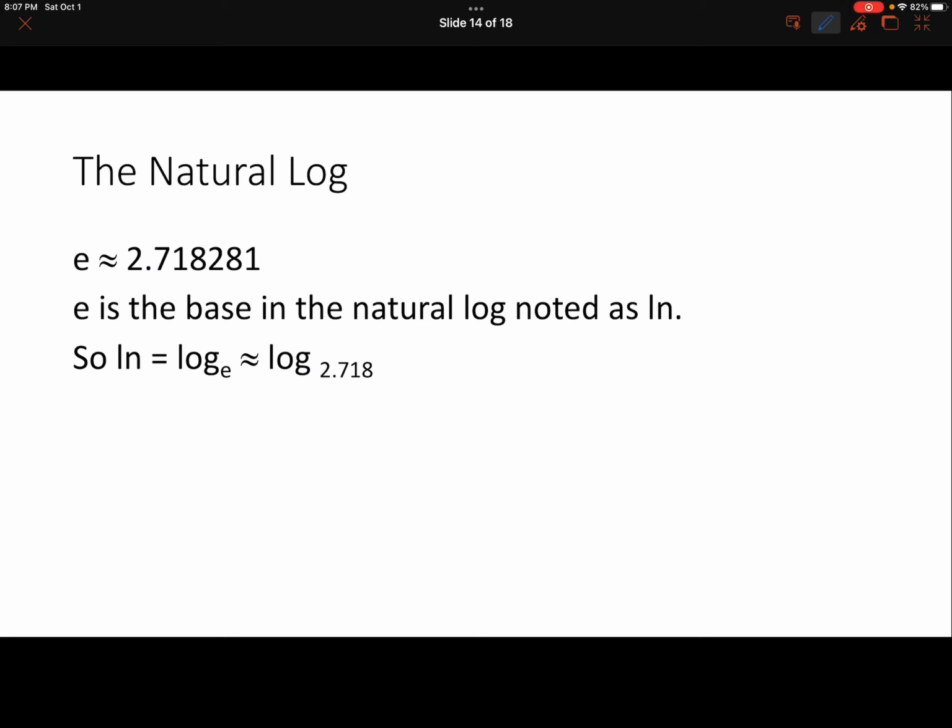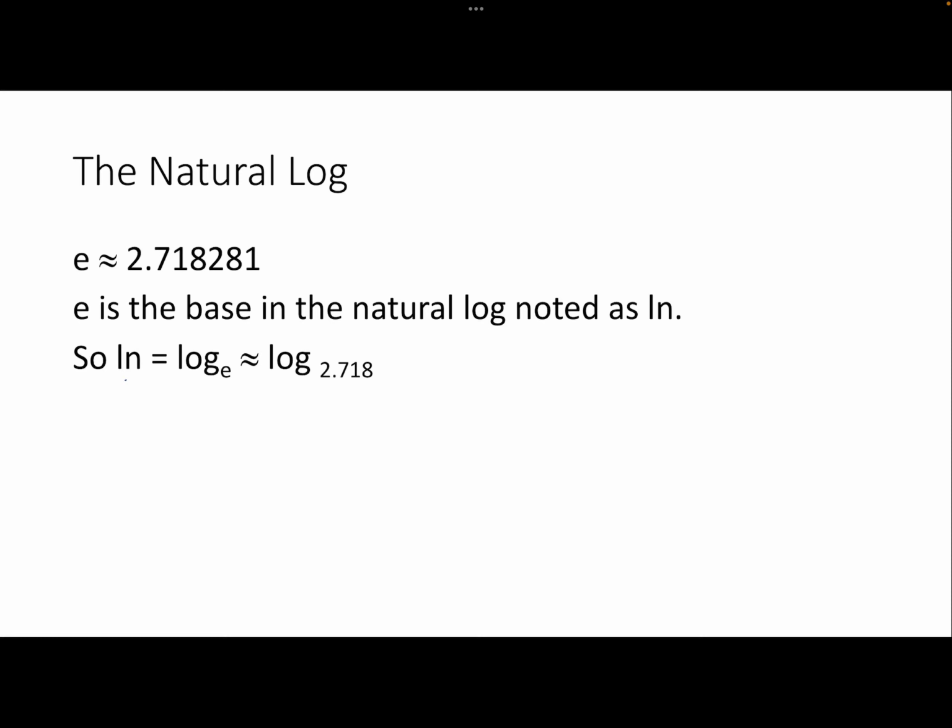Natural log. We know that e is roughly 2.718281, an irrational number. It is the base of a natural log, and we call it the natural log. So the natural log is log base e, which is log base 2.718.